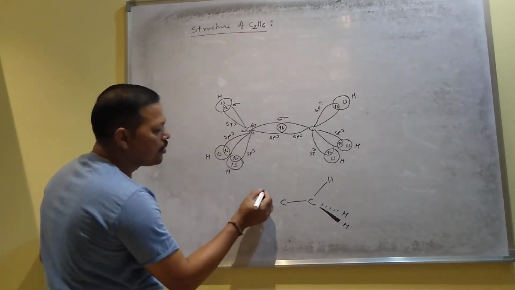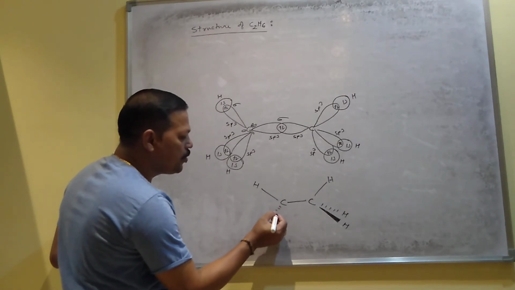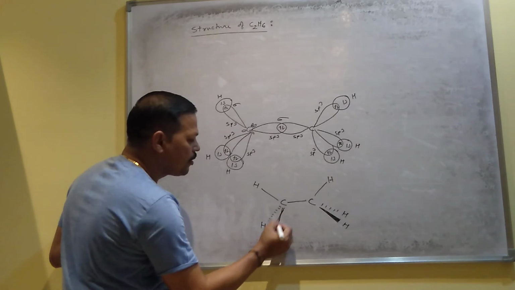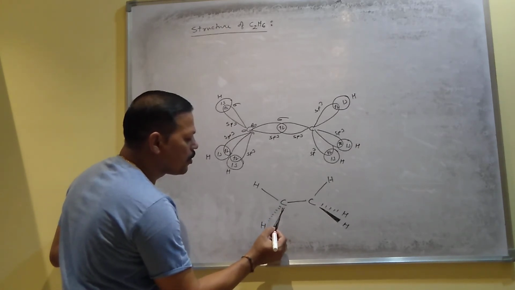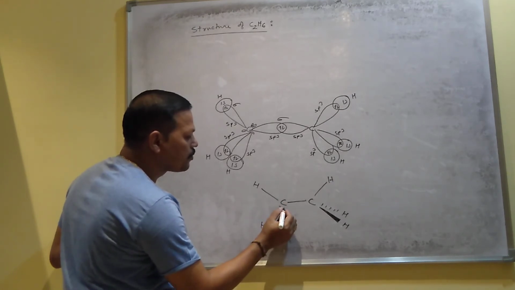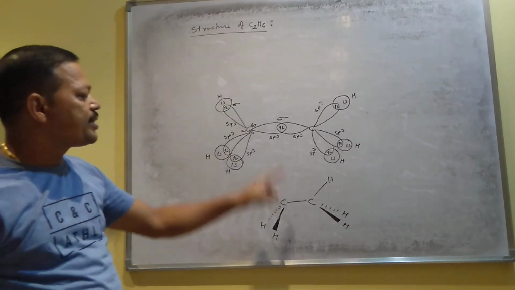Similarly, for this carbon, this side one carbon-hydrogen sigma bond. This is below the plane, dotted line, and this is above the plane, you put a dash line. And this is the structure of C2H6, ethane.